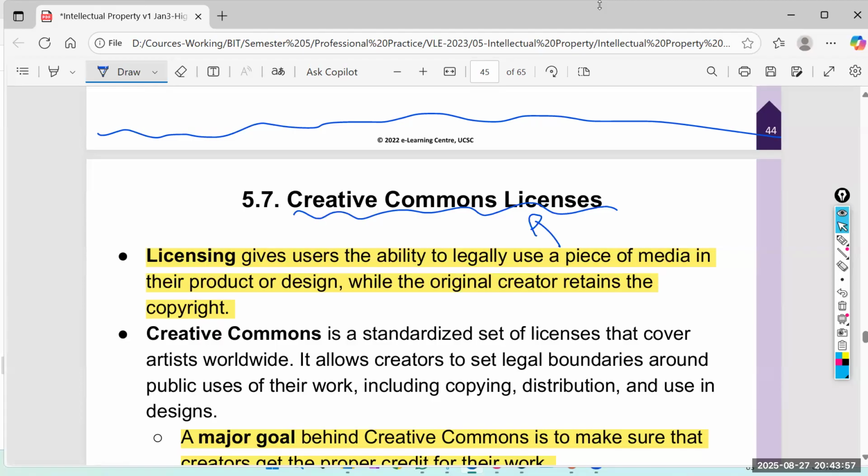So when you write something, say an article or even a poem, you want to share it with others. You don't want to keep it secret, but at the same time, you want to preserve your rights as the original author, your copyrights.